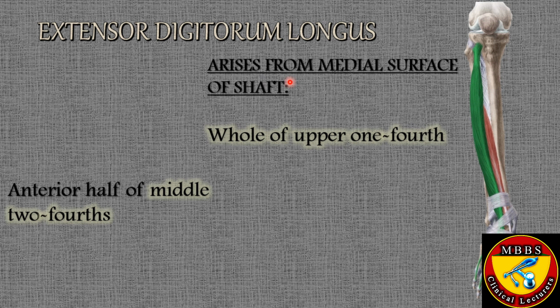Now it arises from the medial surface of the shaft. If you remember, we have a medial surface, a lateral surface, and a posterior surface on the shaft of the fibula. So it arises from the whole of the upper 1/4 of the medial surface.